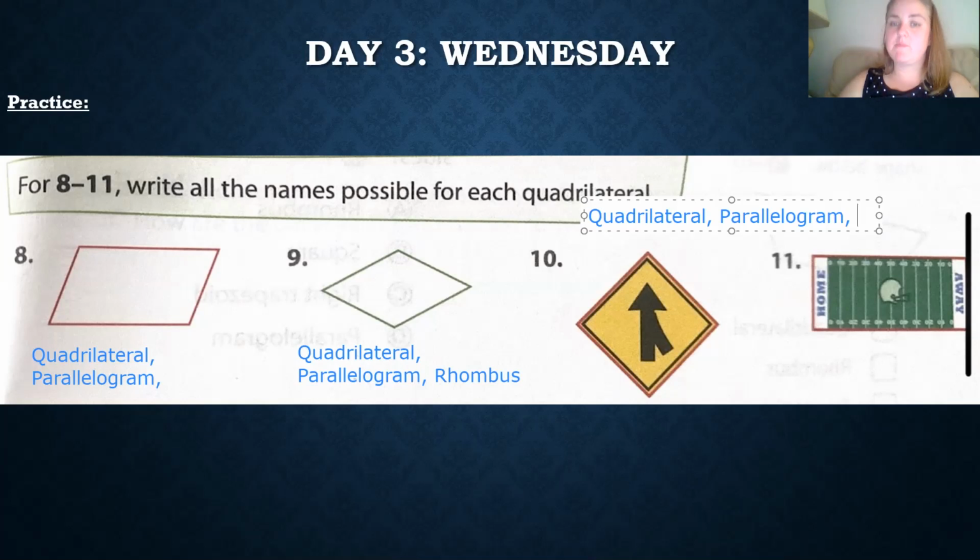It is a rhombus because all the sides are the same and the opposite sides are parallel. And then we know it's a square because it has 4 sides that are all the same length. And it is a rectangle because it has 4 right angles. So it is a rectangle.